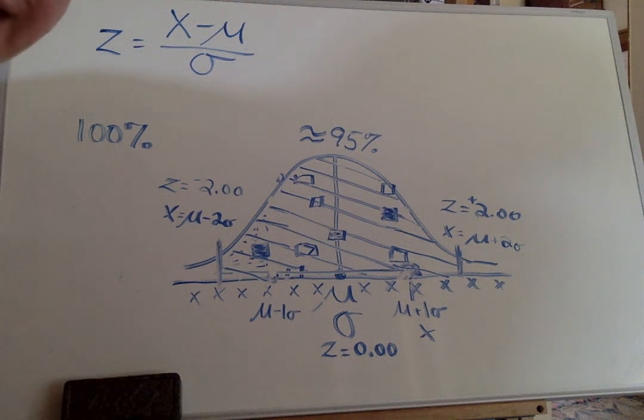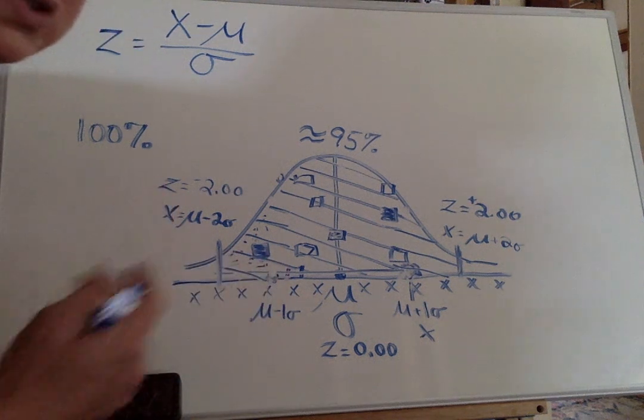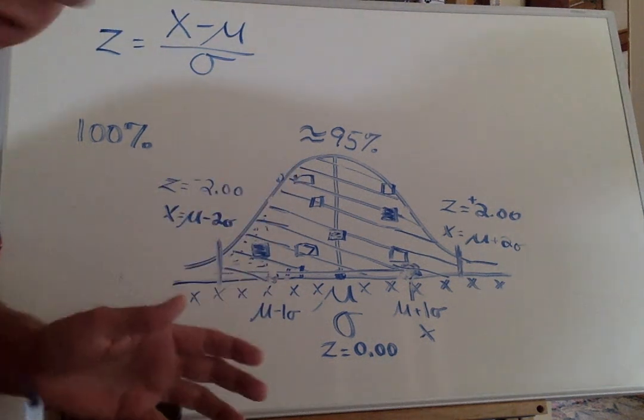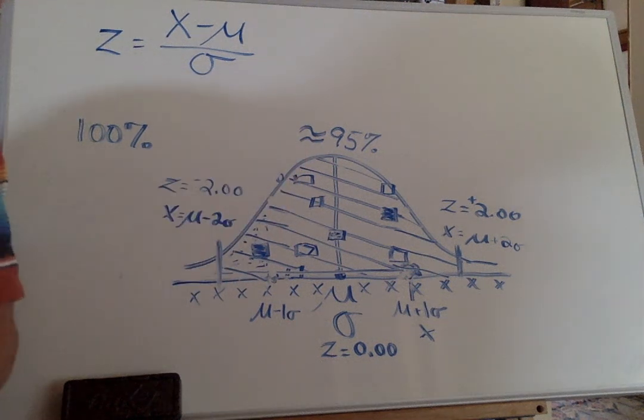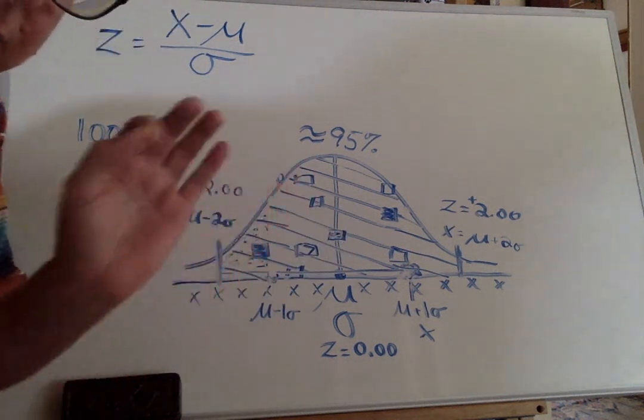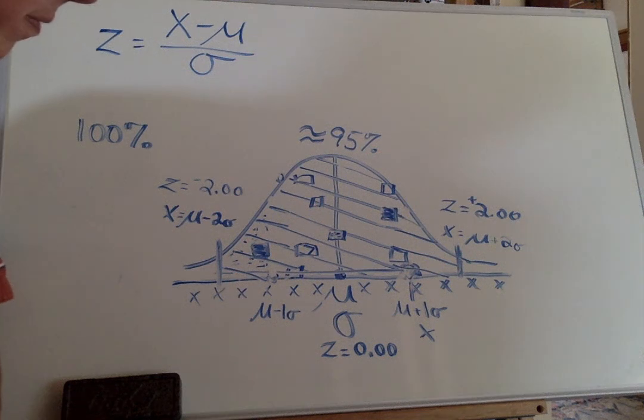Or I could say, what is the percentage of the population that falls within 2 standard deviations of the mean? Any way you ask it, the answer here is approximately 95%. We'll get to the details.